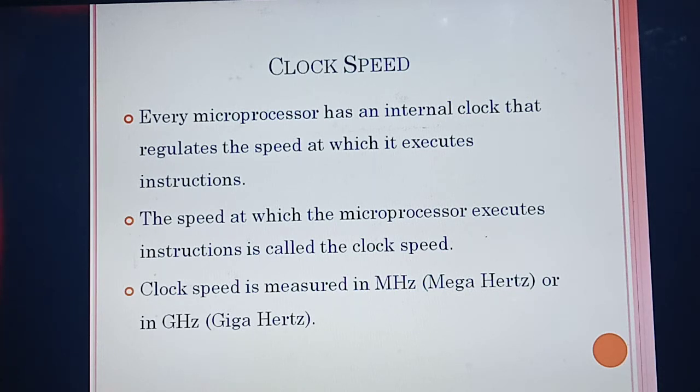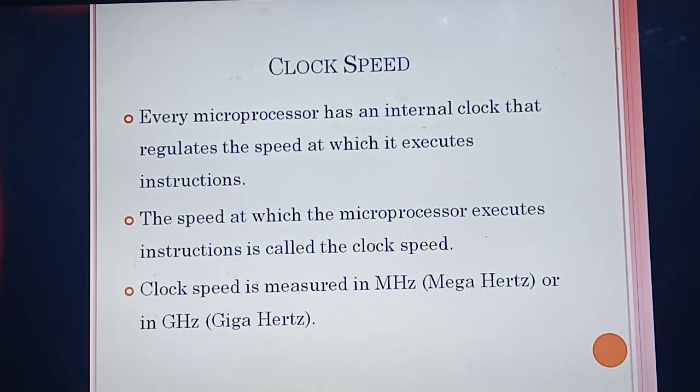For example, type this, do this, that and that. All the commands are executed as instructions. First it will execute the first instruction or command, second it will execute the second instruction or command. Each and every microprocessor has some internal clock, and this clock regulates the speed at which the instructions are executed.